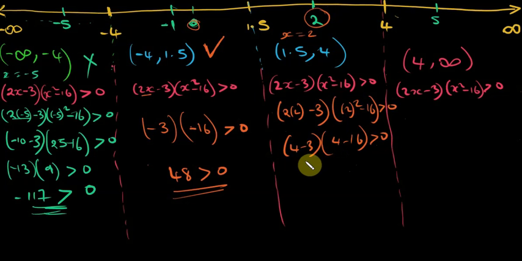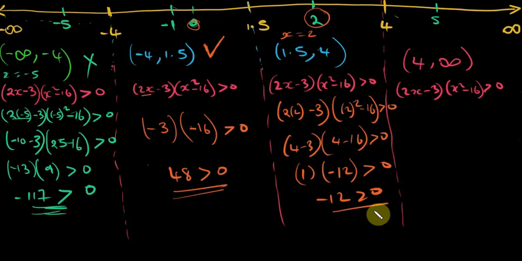We have 4 minus 3, that is 1 in this bracket. Then we have 4 minus 16, and this is where we have problems. Why? Because we have a negative 12 here. 1 multiplied by negative 12 gives me negative 12, which is less than 0, so the condition is not met in this region.